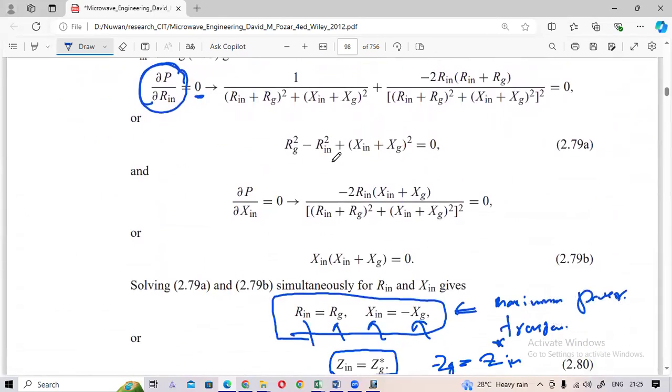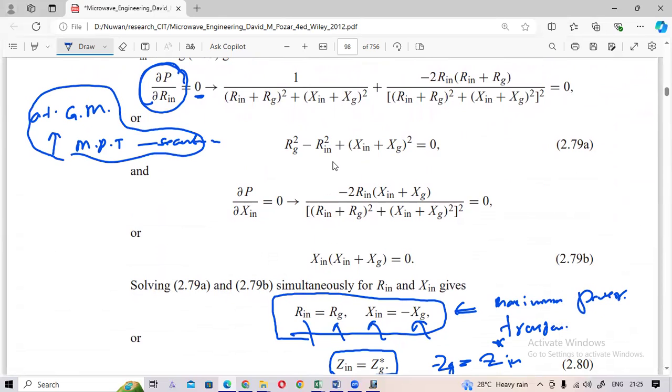But you have to get the idea that at conjugate matching, you have the maximum power transfer scenario. That is the thing you should understand. So at conjugate matching, you can get the maximum power transfer scenario.